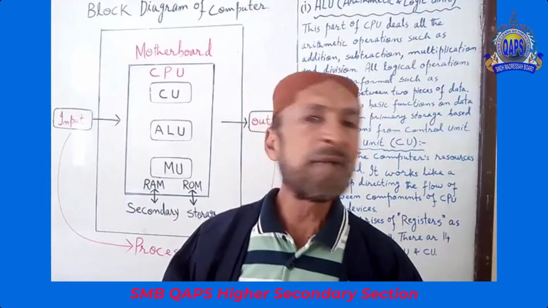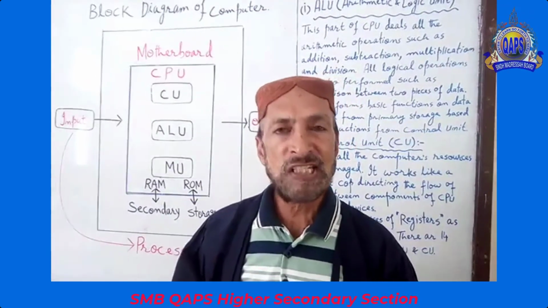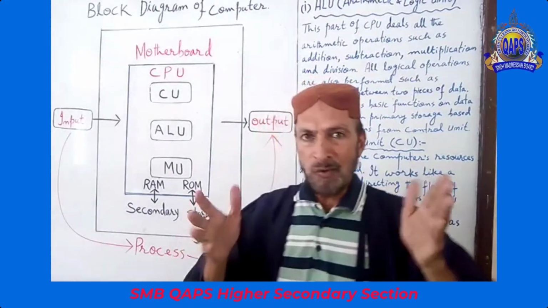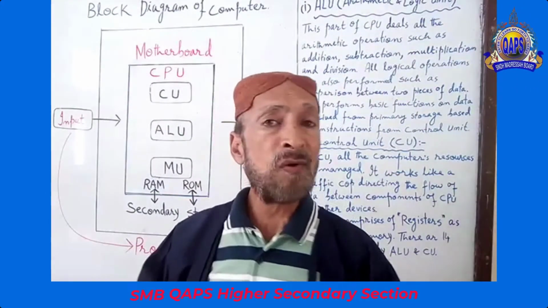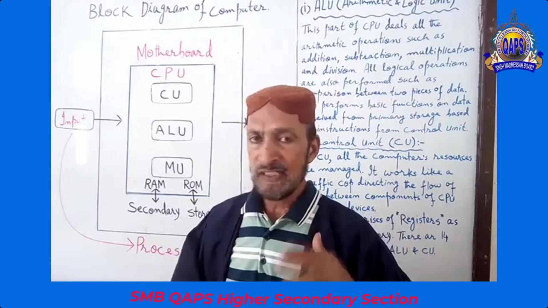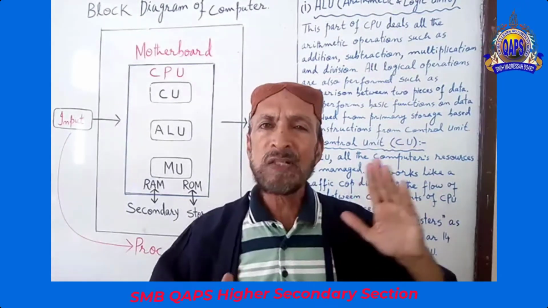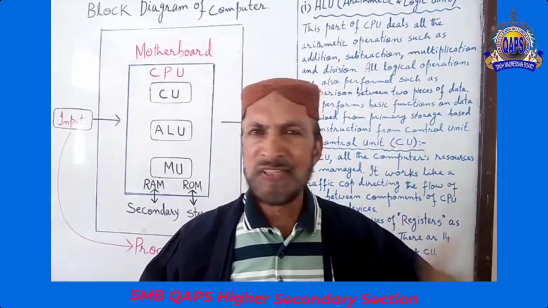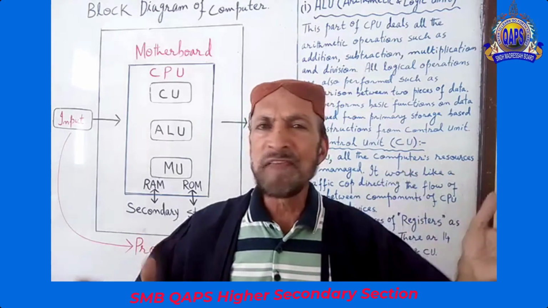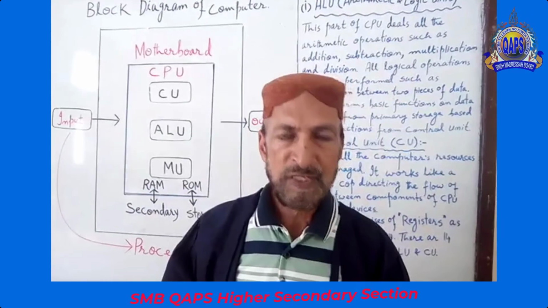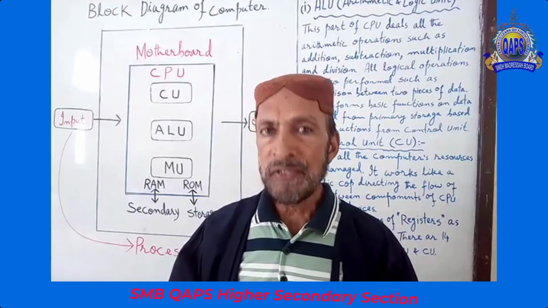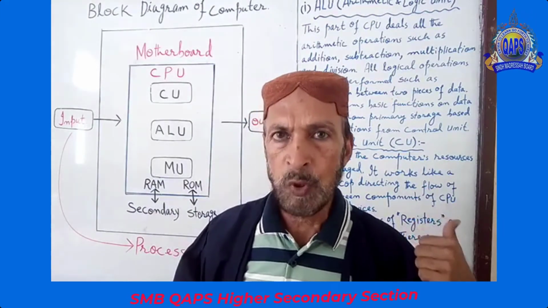Now I am coming to CU, control unit. Remember this thing. Control unit is working as a traffic cop. It deals with all the devices attached to a computer system. First of all, read the short note on the board.